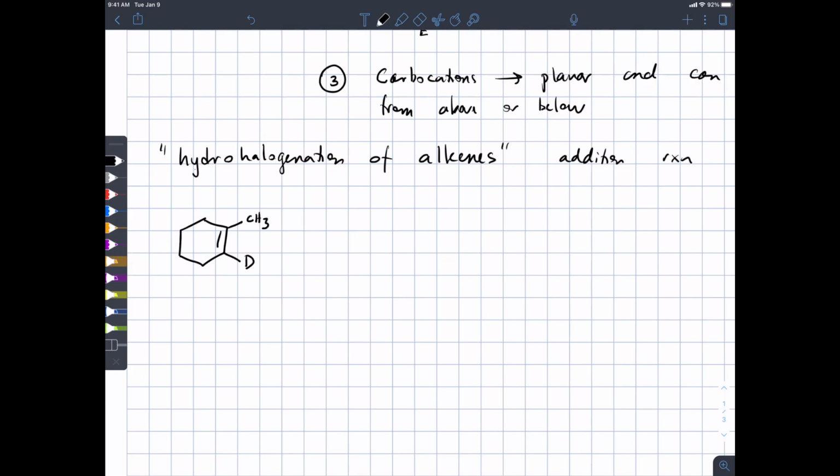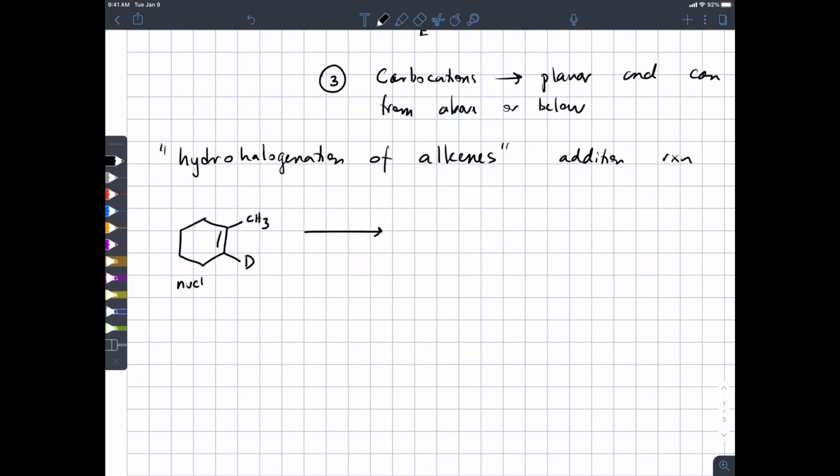But recall that the nucleus is only a really small part of an atom anyway. Most of the space in an atom is taken up by the electrons surrounding that atom. So deuterium is just like hydrogen, only we have chemical tools to tell the difference between them. And that will be useful in teasing out all of the stereochemical issues with this reaction.